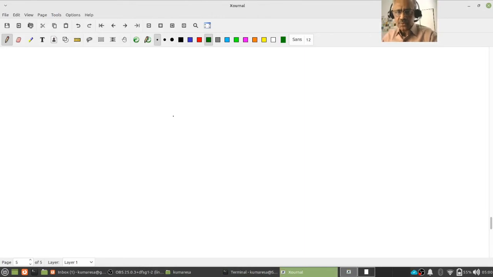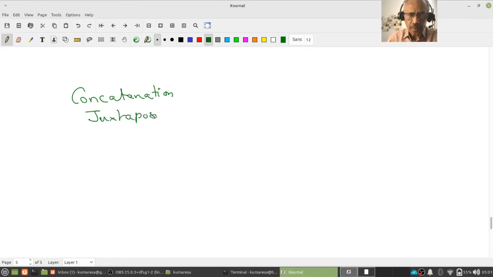The next one we want to do is again concatenation or juxtaposition of paths. For example, I want to travel from one town to another town.